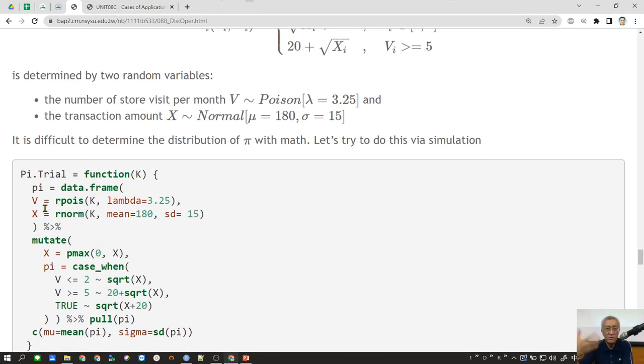I just want to let you know that the usage of this R function is when you run into a case where the thing of your interest is not by itself a standard, pre-existing distribution. Then you might use this random draw to simulate.